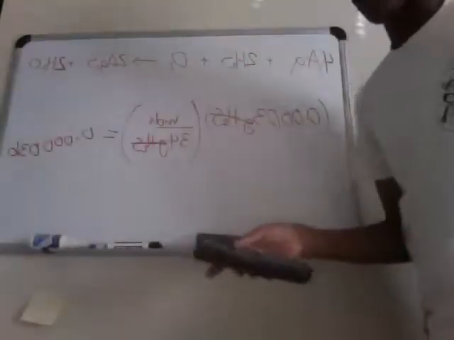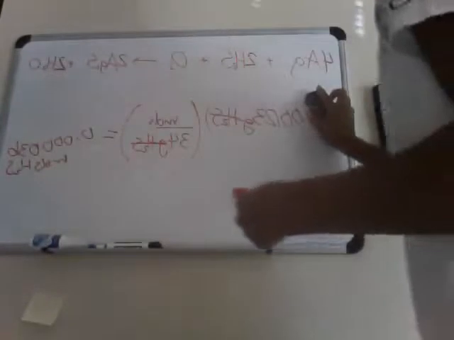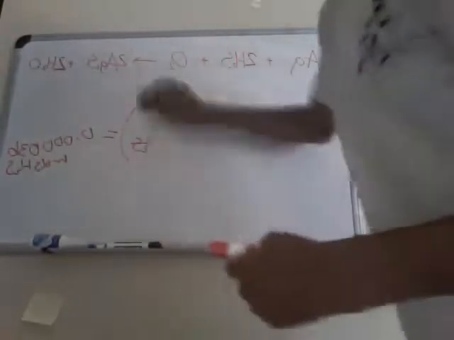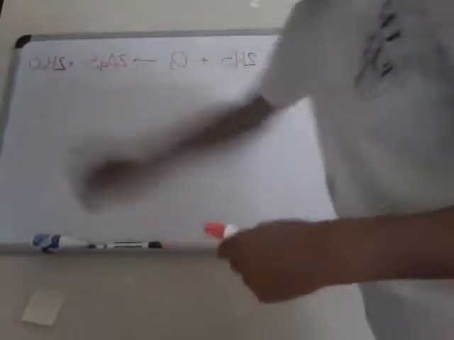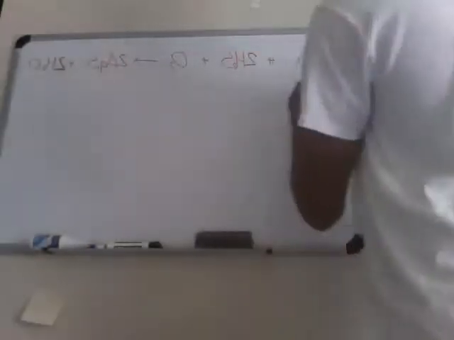That is 0.00036. You see that? Okay, so 0.00036 moles of H2S, hydrogen sulfide. And so now you're beginning with that.